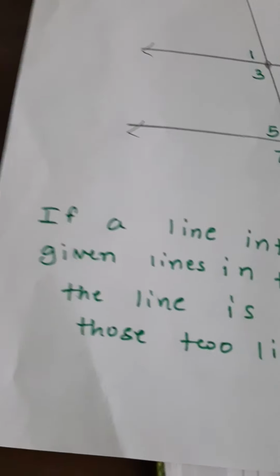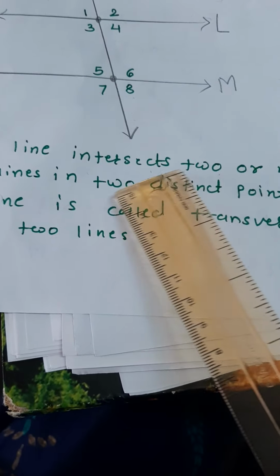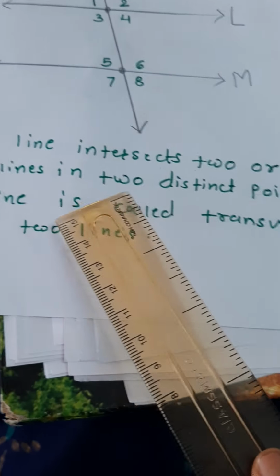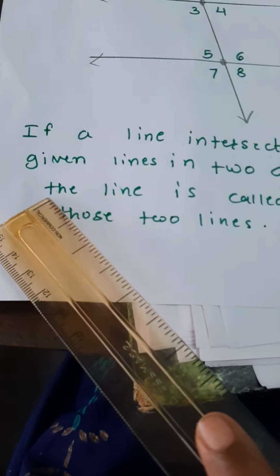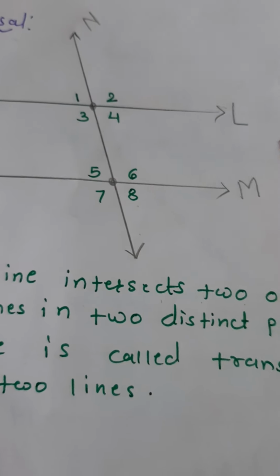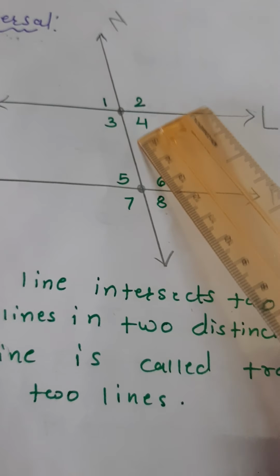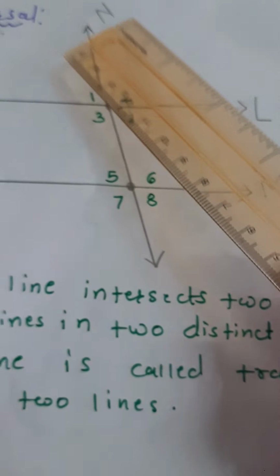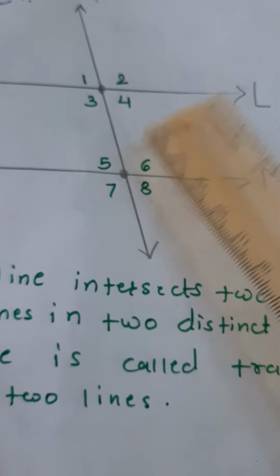So what is the definition of transversal? If a line intersects two or more given lines in distinct points, then the line is called a transversal of those lines. So in this figure, lines L and M are parallel lines and N is their transversal because it intersects these two lines in two distinct points.